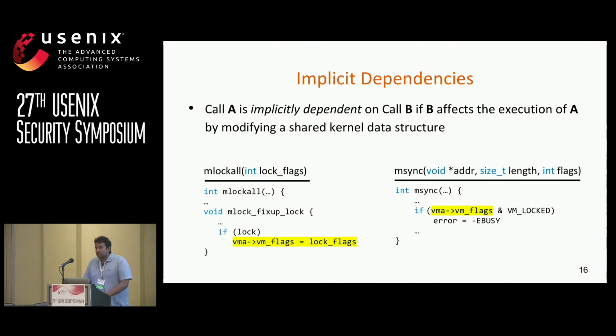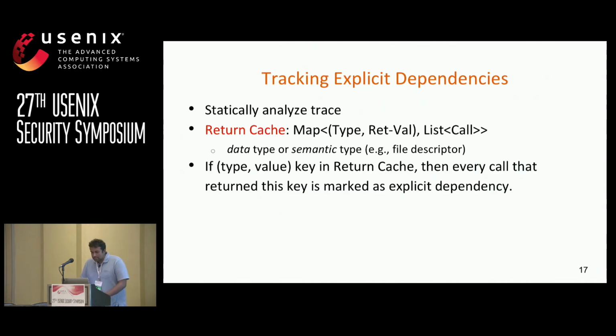Now I'll go on to describe how MoonShine actually tracks these dependencies, starting with the explicit dependencies. It does this by statically analyzing the trace. As it parses each call, it identifies all the values that were returned along with their corresponding types. This type could either be a data type, like an int, pointer, or string, or a semantic type, like a file descriptor.